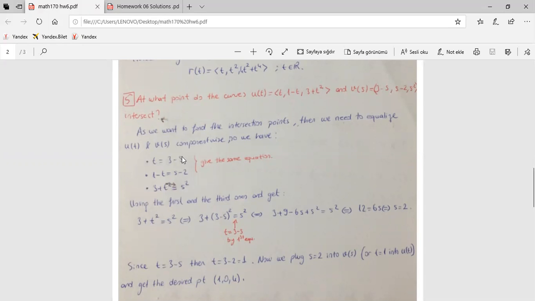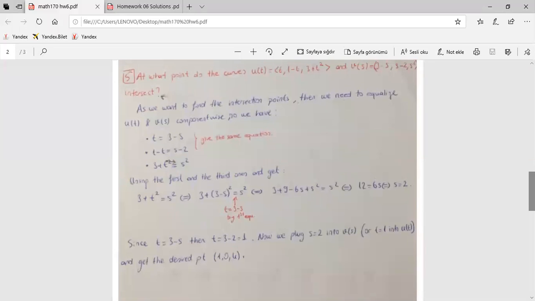Now, as we know from the first one that t equals 3 minus s, we just plug this equality into that equation and get s equals 2 by solving. It's easy. As s equals 2, if we plug this into the given curve v of s, because it's in terms of s, v of 2 will give us the intersection point.